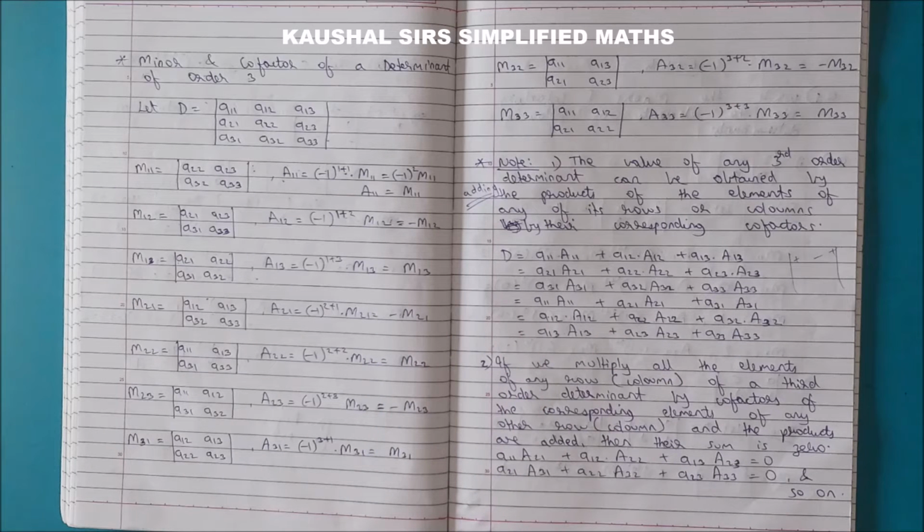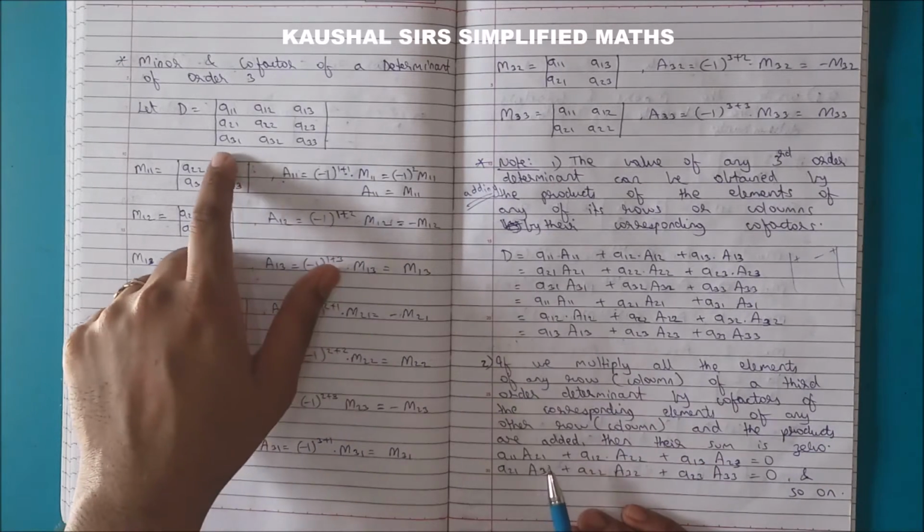Clear? Well, coming to the second point. If we multiply all the elements of any row or column of a third order determinant by the cofactors of the corresponding elements of any other row or column and the products are added, the sum is 0. Don't worry, I'll brief you.